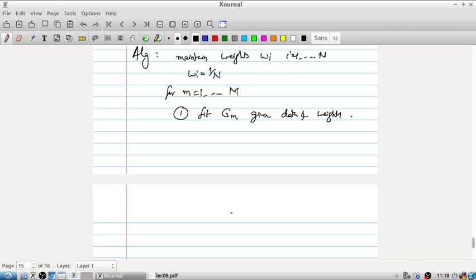This is still a black box at the moment. I'm just saying fit a weighted classifier given data and weights. How can you use weights? For example, you can bring them in as coefficients in your loss function. So, for example, you can minimize over Gm of the sum over wi L of yi comma Gm.